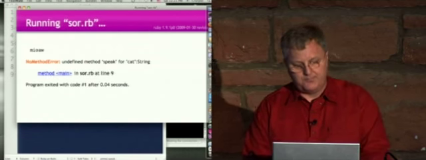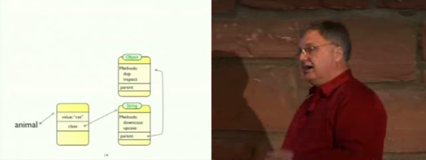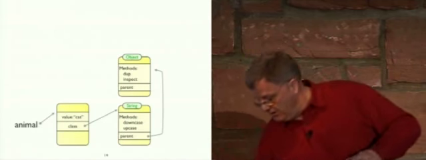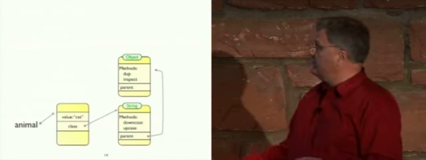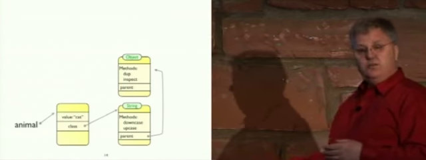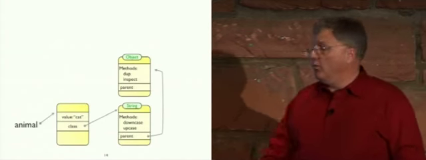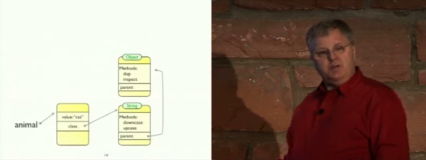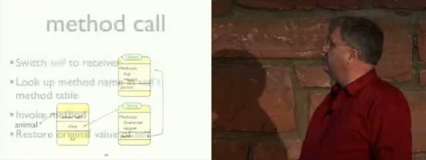But remember I asserted that Ruby only calls methods one way. It only ever calls a method by going one to the right and then up. So somehow we have to make that speak method available to this guy.